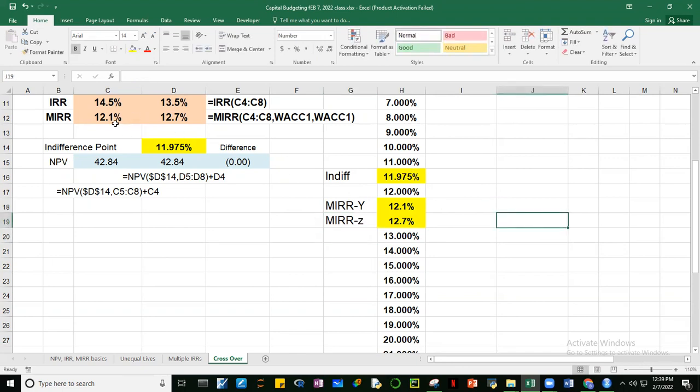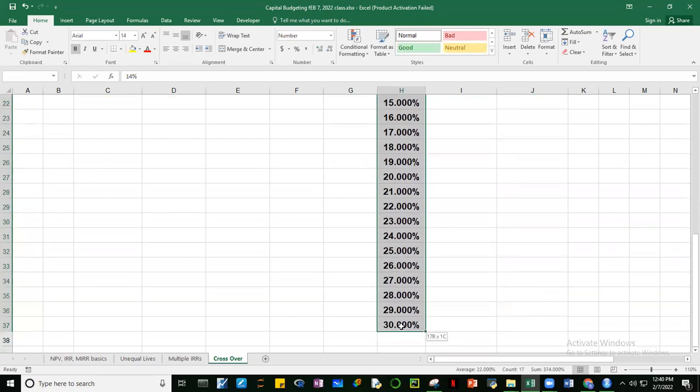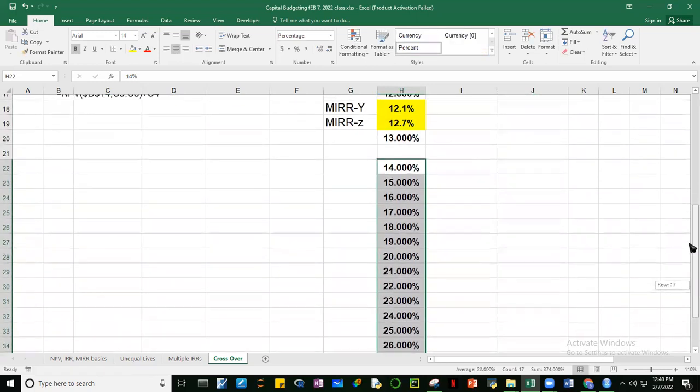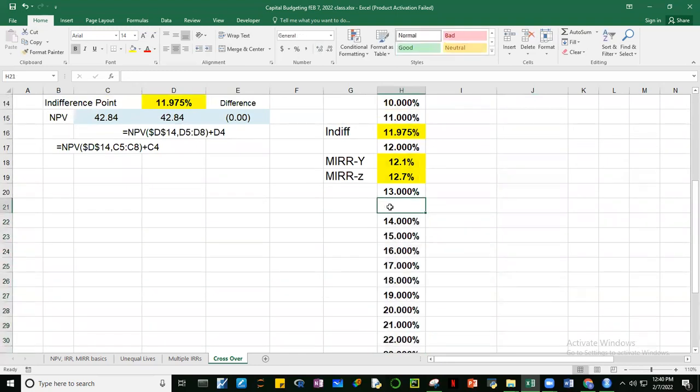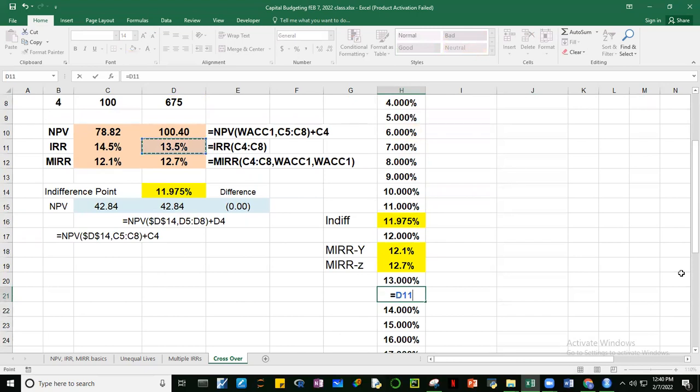Okay, ano pa? Ito, IRR. IRR ni Z, 13.5, so it should be here. IRR ni Z is equal to this one.